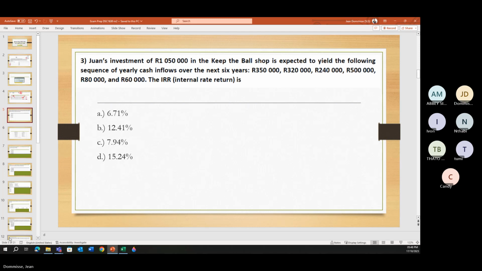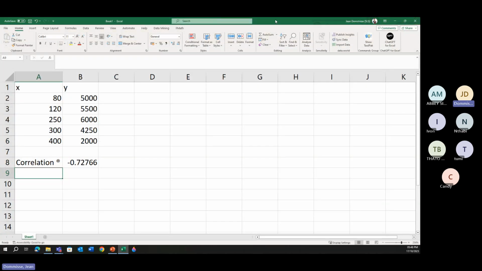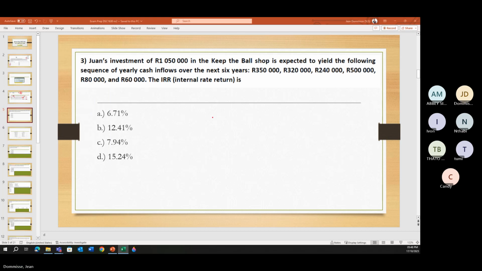Okay, so once again, you are able to use your financial calculators. I am going to again in the next slide show you how to do that. I just want to check if there is an internal rate of return in Excel.